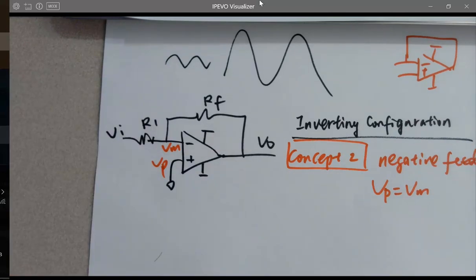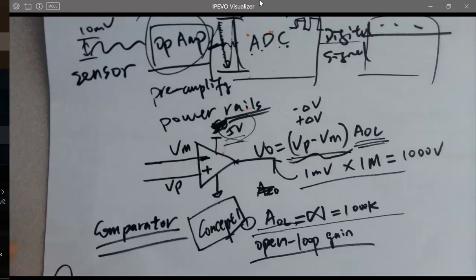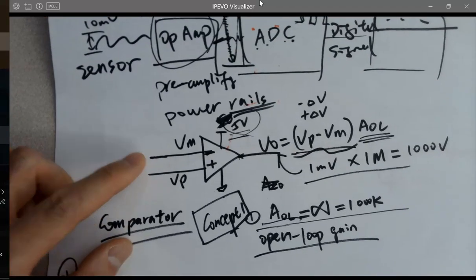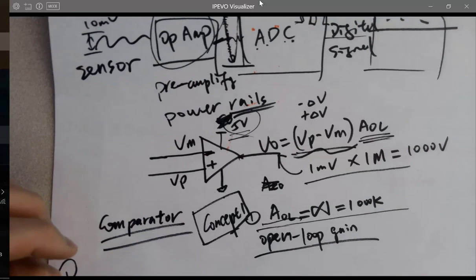If the open loop gain AOL, in the very first example without the feedback loop, you said it's a comparator because it's multiplying by 1,000,000. Is there a value of the open loop gain where it's not a comparator, where it will still show some of the waveform instead of just smacking up and down?